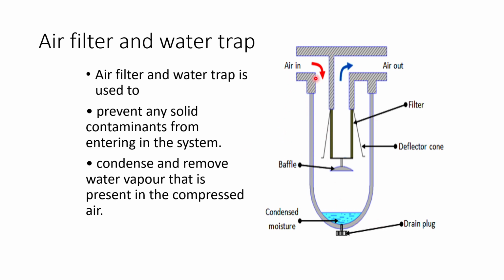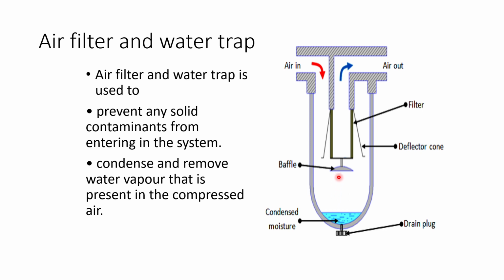This is the air separator, and here air enters from the left-hand side and goes down through these cones. This is the cone to direct the air; it comes here, goes down, takes a U-turn and comes up.